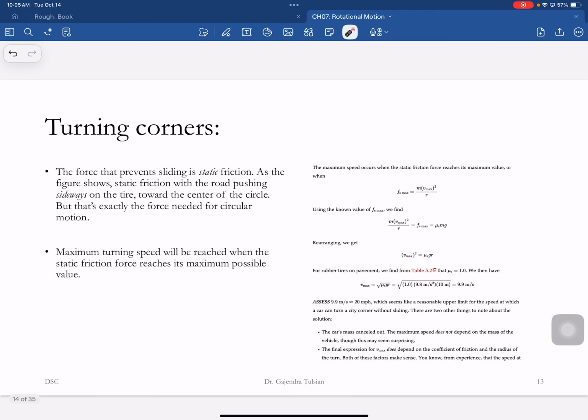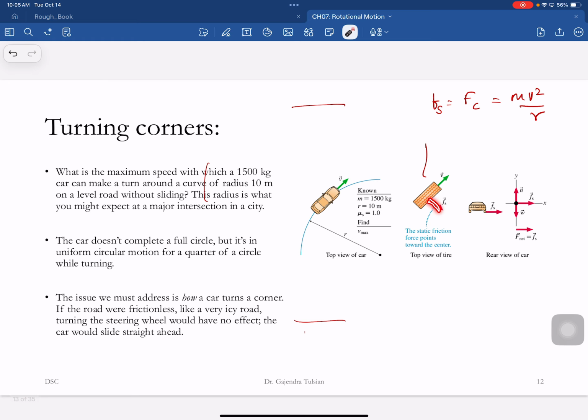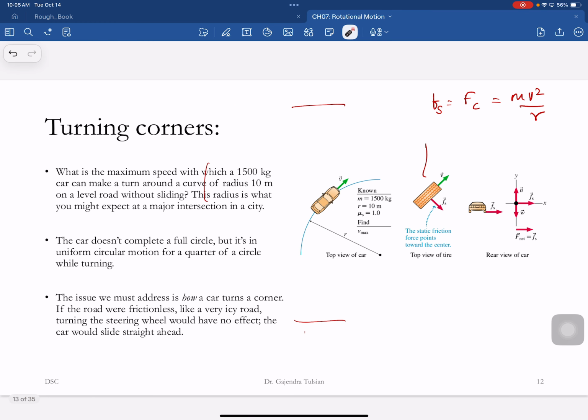All right, so you're turning corners. Now we're doing it at an intersection, and you're using static friction force. So there is the static friction force. This is the maximum static friction force, and we'll calculate that. The maximum static friction force will give you the maximum speed at which you can turn.